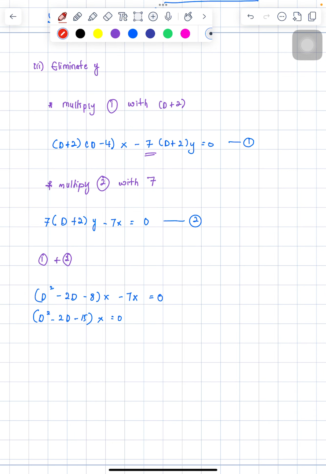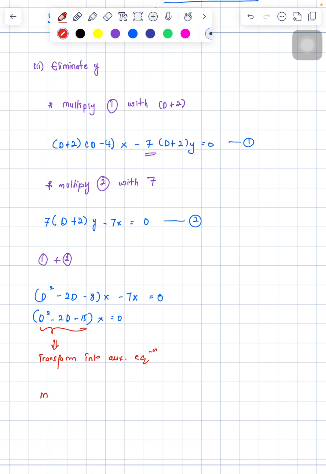Okay, now this is second order derivative or second order differential equation. So we can transform into auxiliary equation.